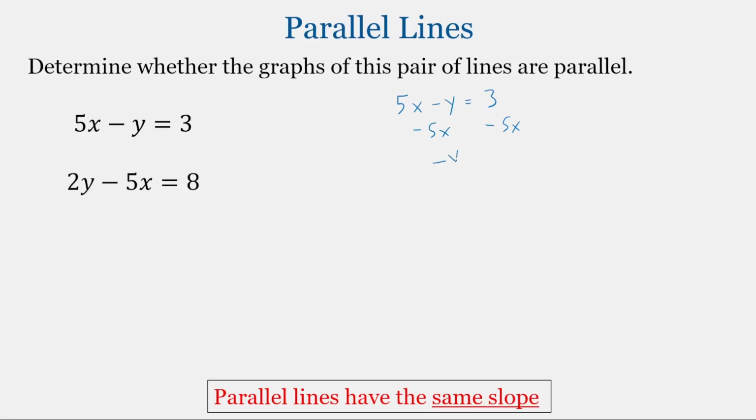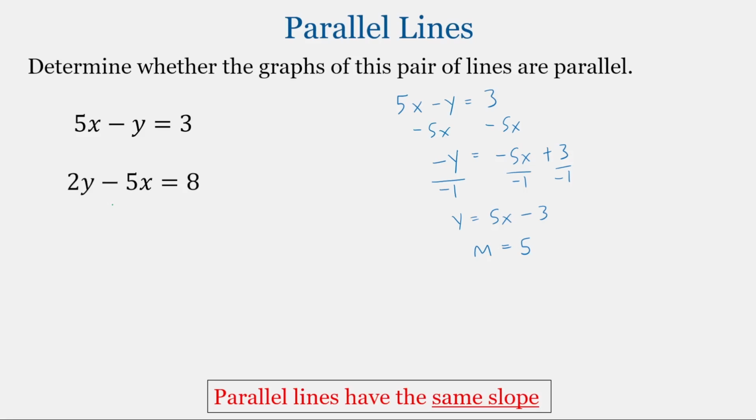We now have negative y equal to negative 5x plus 3. So we have a coefficient of negative 1 in front of the y, so we're going to divide everything by negative 1. This is going to give us y equal to 5x minus 3. So our slope is equal to 5.